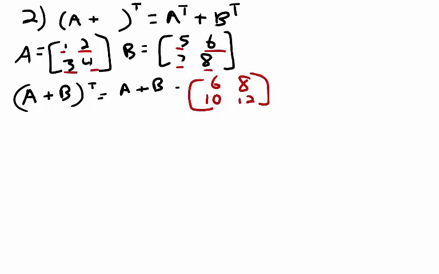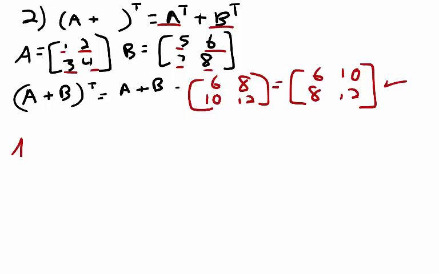Now since we want A plus B transpose, next we rewrite our rows as columns: 6, 8, 10, 12. Now let's see if this is the same as when we take the transpose of A plus the transpose of B and take their sums at the end.